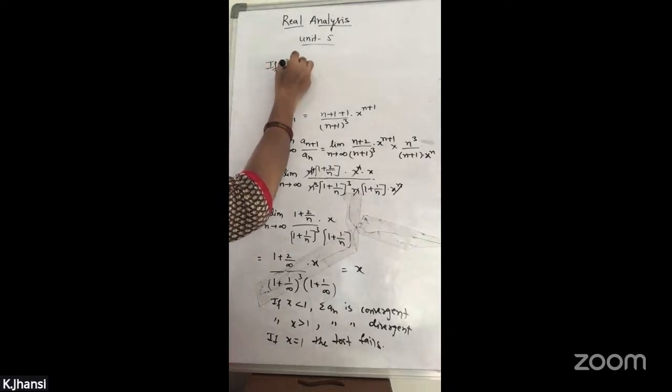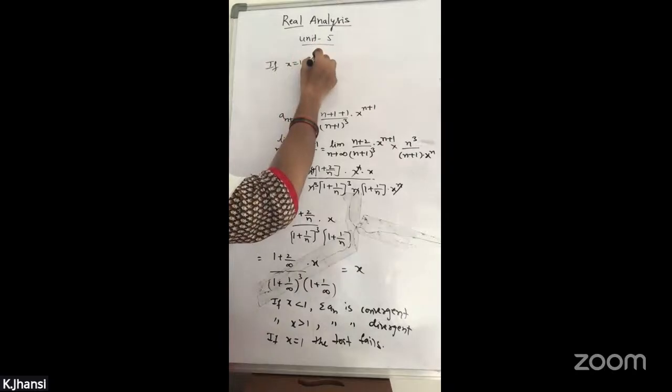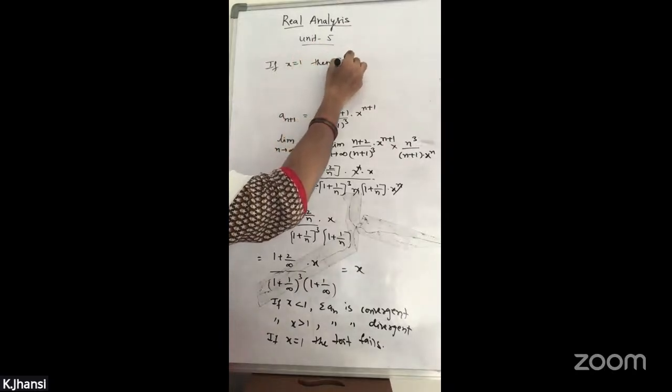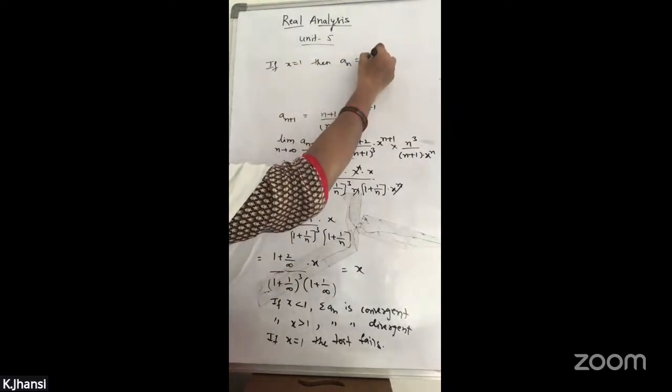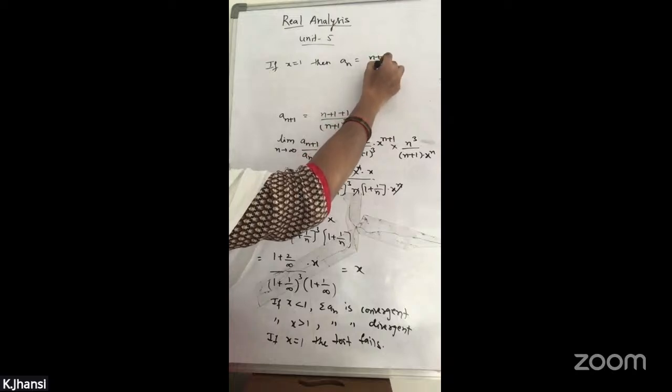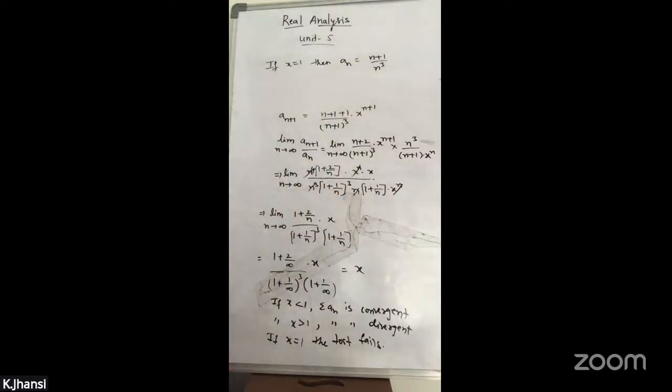If x equals 1, then an is equal to what is given in the question, n plus 1 by n cube. So this is the an value.